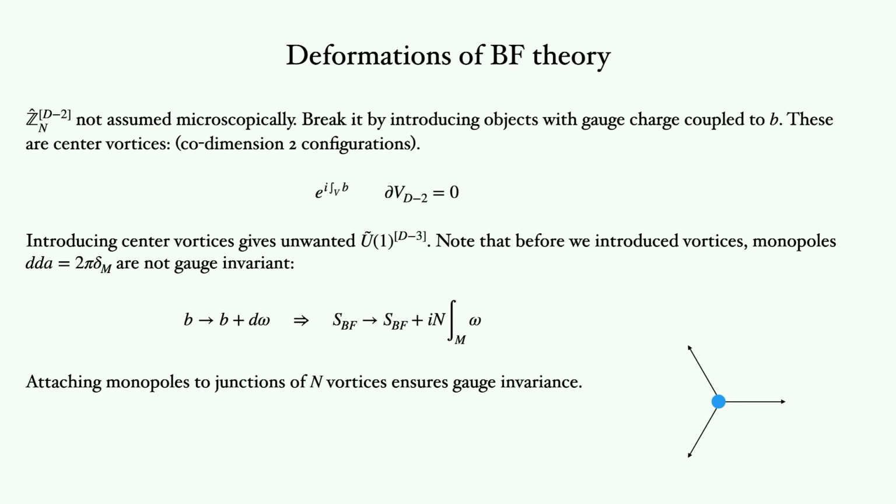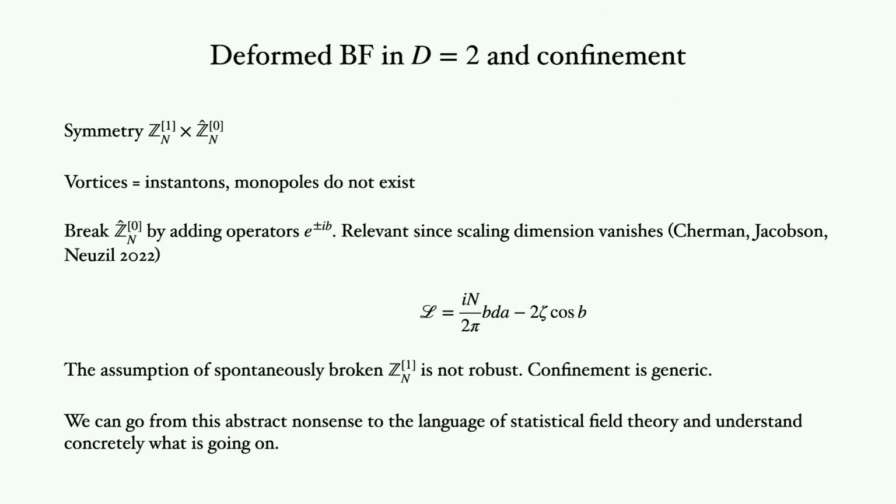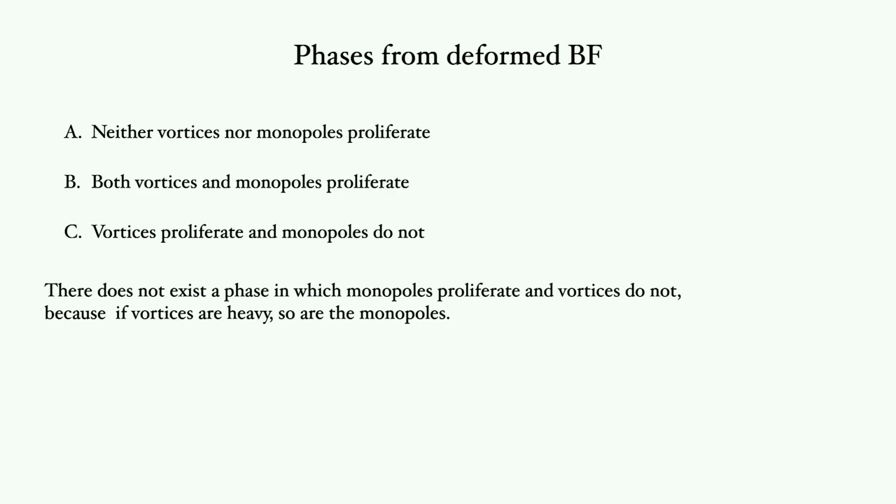and you try to get rid of it. I must say that here you can dress, maybe I will say it a bit later. Okay. You can dress the monopole operator with these vortex fields, and that will be gauge invariant. And now we have multiple possibilities.